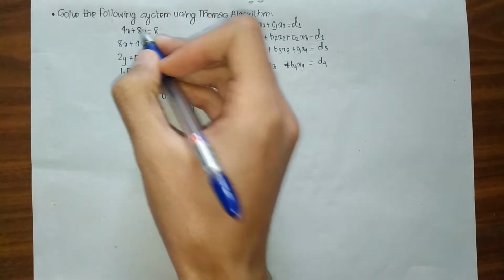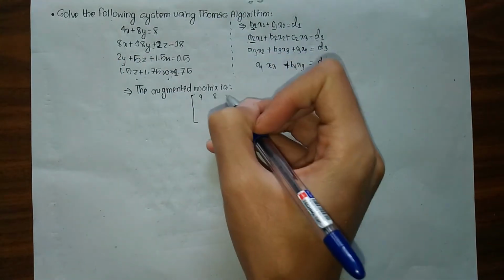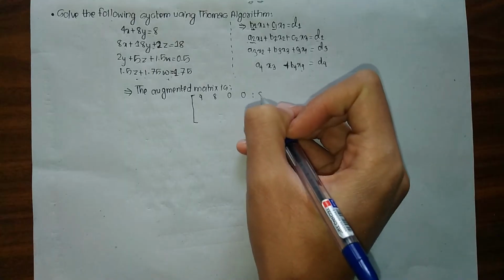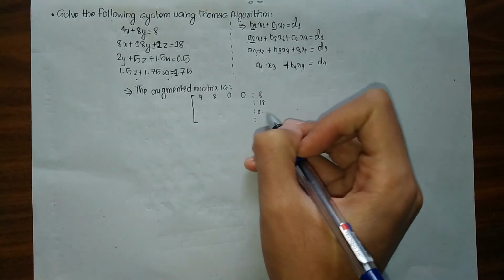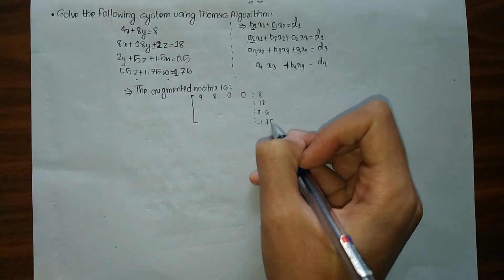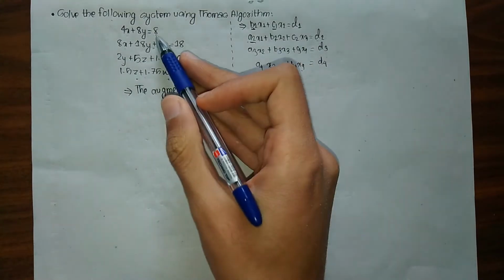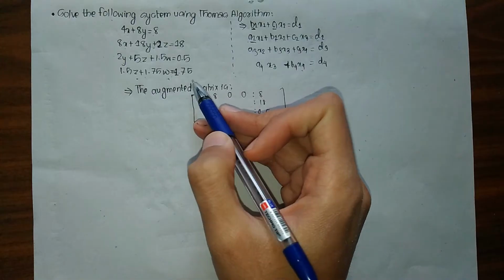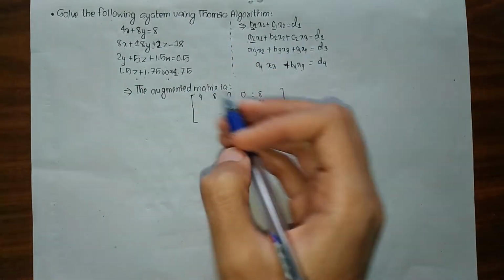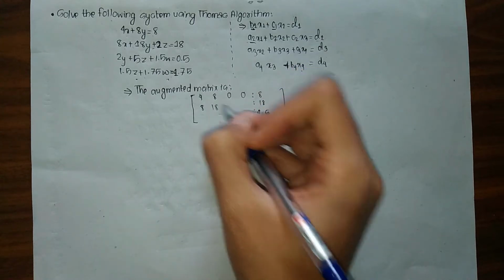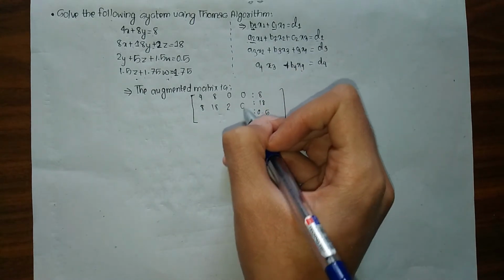We have our coefficients 8, 18, 0.5, and so on, let me just write it down quickly. On the right side we'll write all these d1, d2, d3, d4 values, with minus 1.75, and now we'll write the values of x as 8, y as 18, z, while our w is 0.